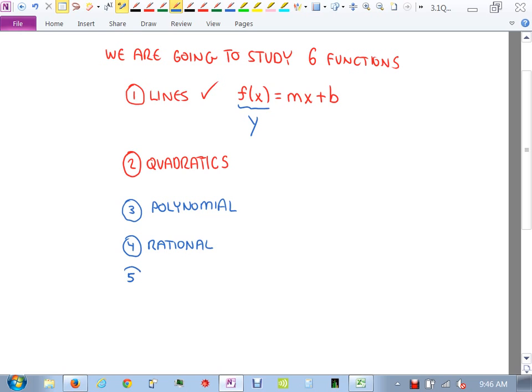And then after the rationals, we get into exponential functions. Those sound ugly, but they actually turn out to be pretty easy to graph. And then the sixth one will be logarithmic. Okay, and those look ugly also, but those are actually not too bad.